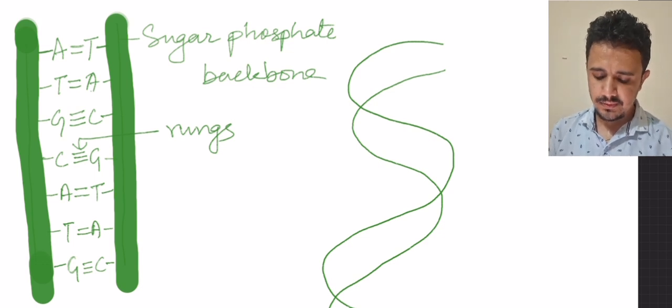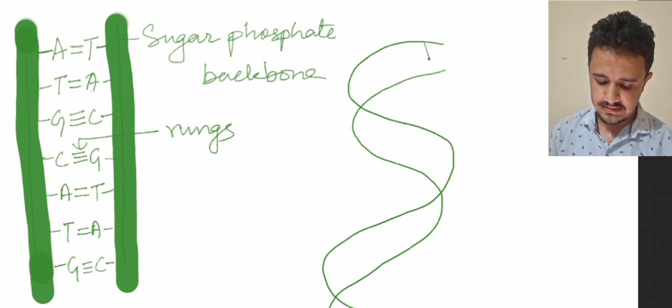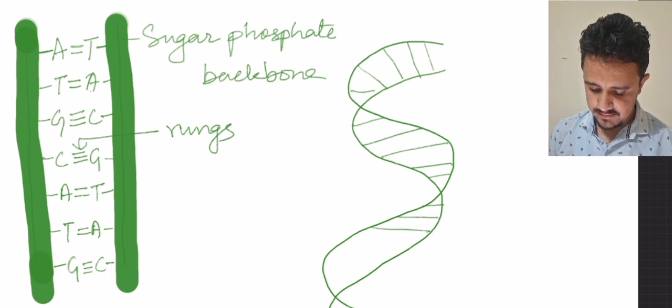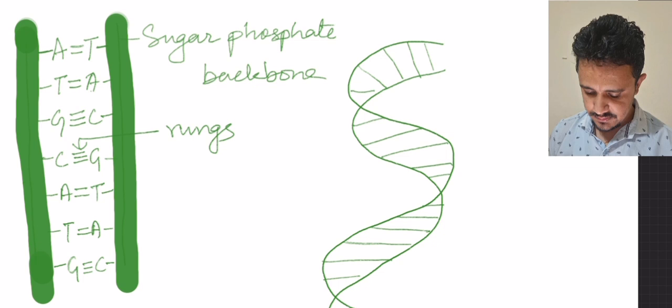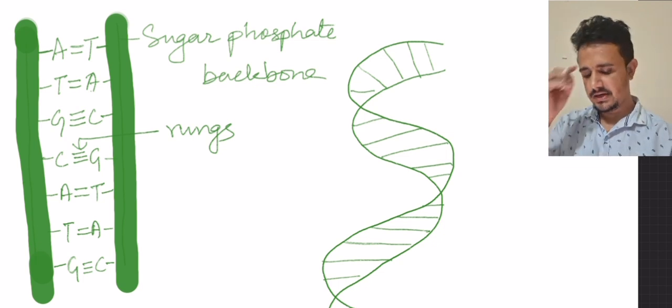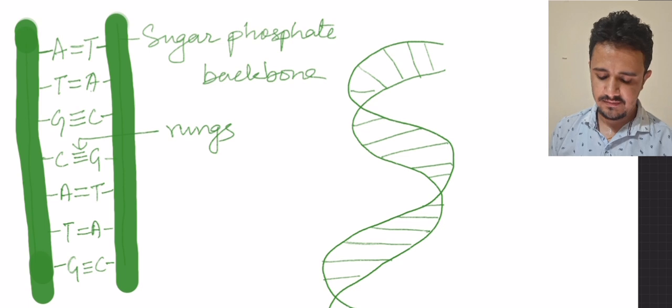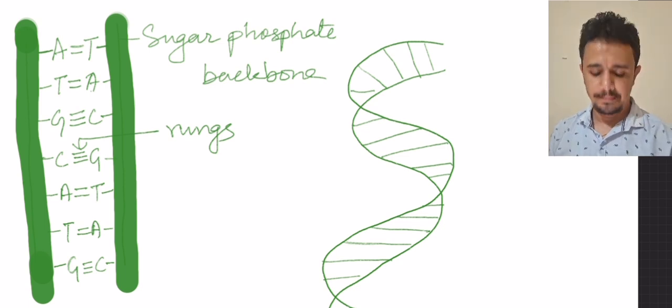So in between we have these bases attached like this. So this is our structure of DNA, a double helical structure which is present inside our body like this. And this line which I have drawn is the sugar phosphate backbone, and the middle part is the pairing of nitrogenous bases.